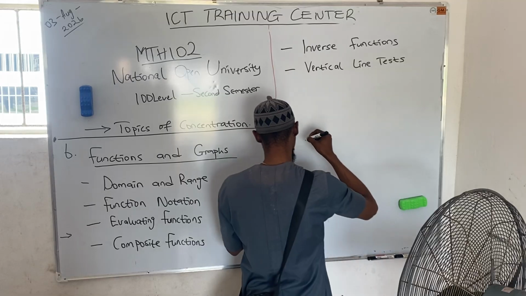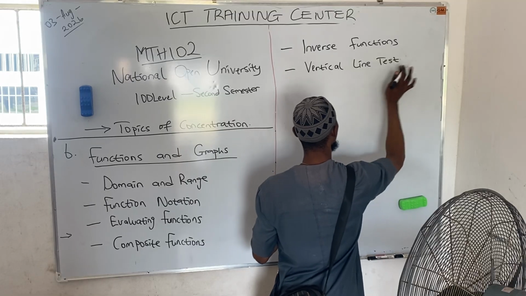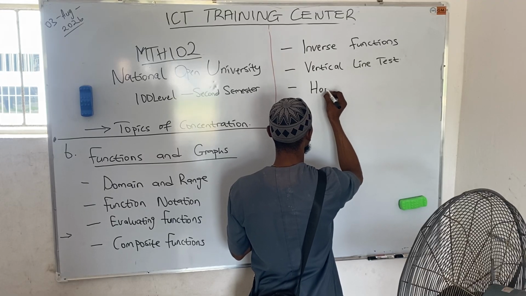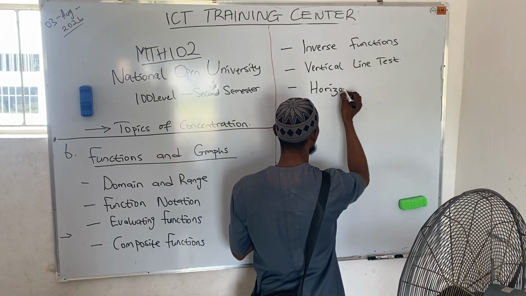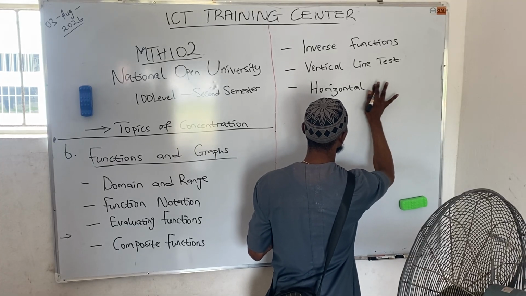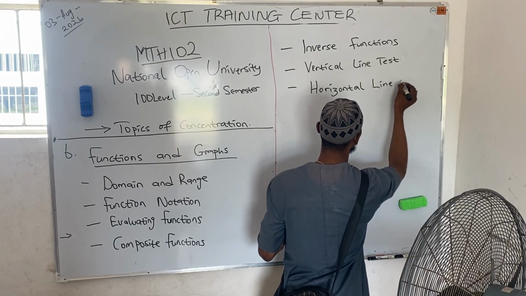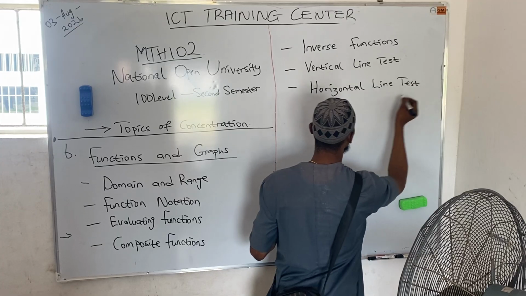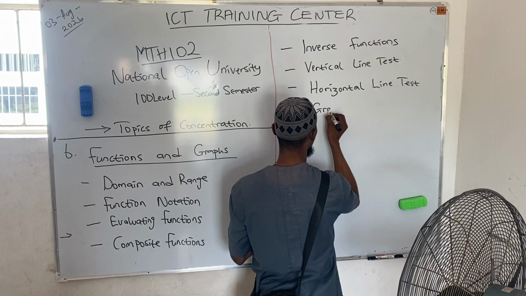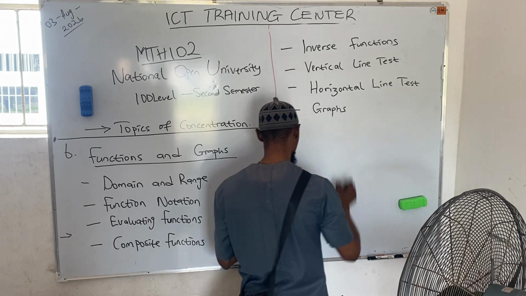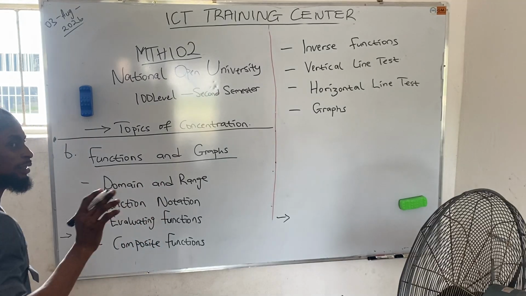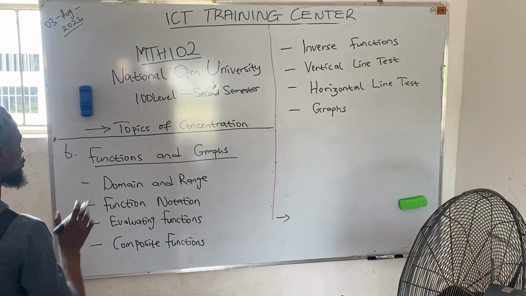The seventh one here is the horizontal line test. The eighth one here is graphs, and that will be the last on the list. So these are all the subtopics underneath functions and graphs, okay?